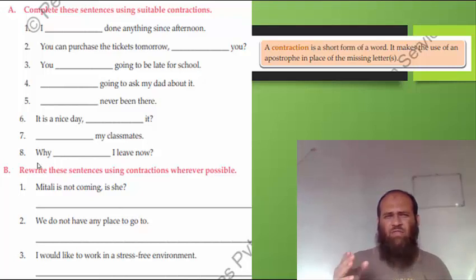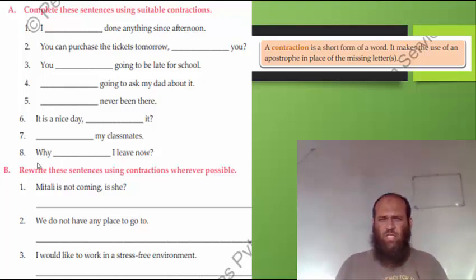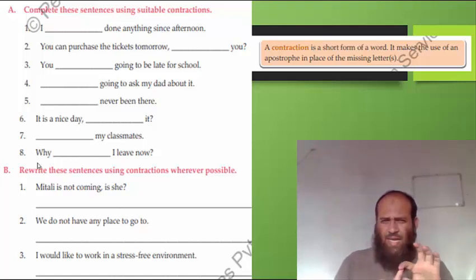I have not done anything since afternoon, so I haven't done anything since afternoon. You can purchase the tickets tomorrow. Can't you? Cannot you? Can't you? So like this, you have to make your contractions.